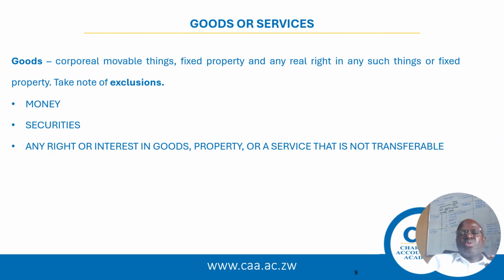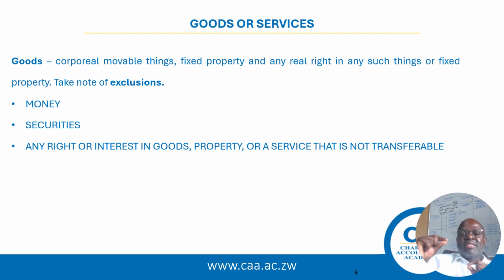That's very important, because further down the line, when we're doing classification, you'll find that certain items may be exempt as services but not exempt as goods. So for example, medical services are exempt, but medical goods are not. Financial services will be exempt.